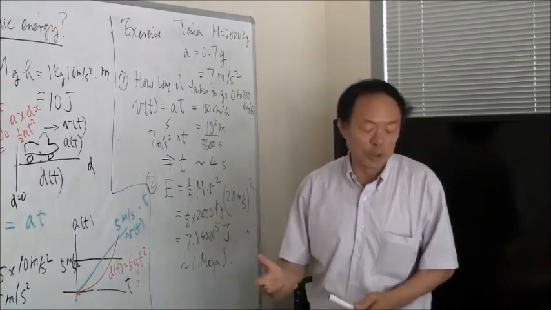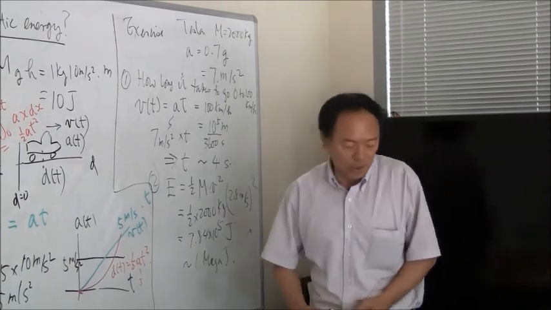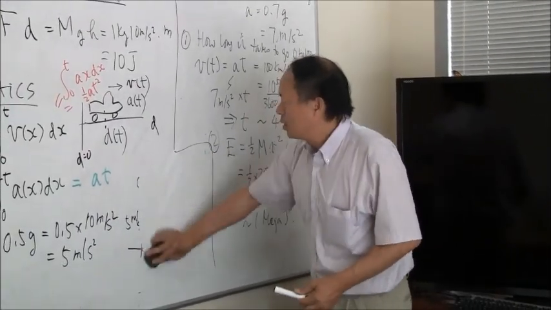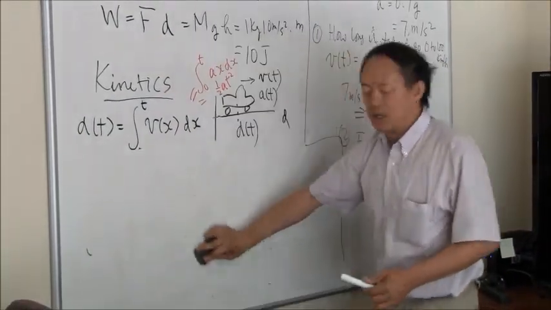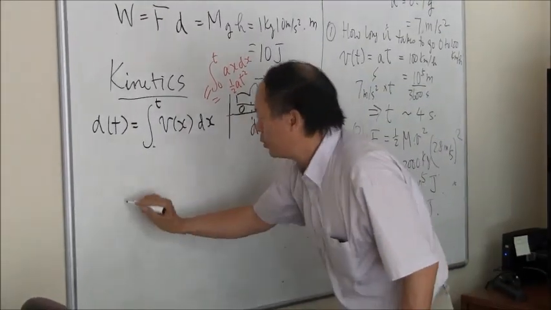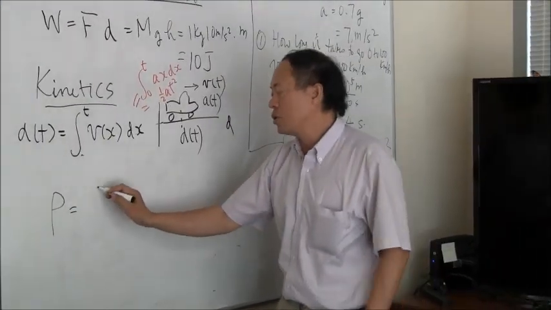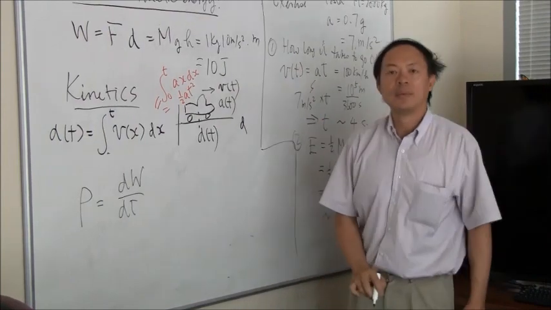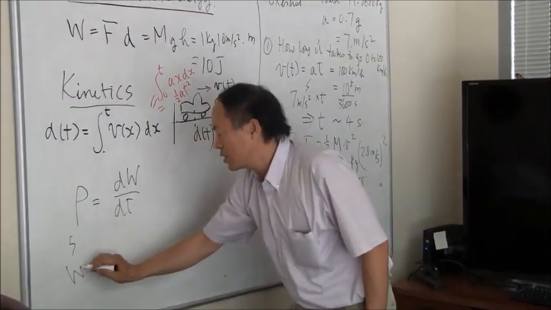The third question I'm going to ask is how much power it really takes to move the car over time. That part I think needs a little bit more explanation. Now we know that power is equal to the rate of change of work over time. And the unit for power is the watt.